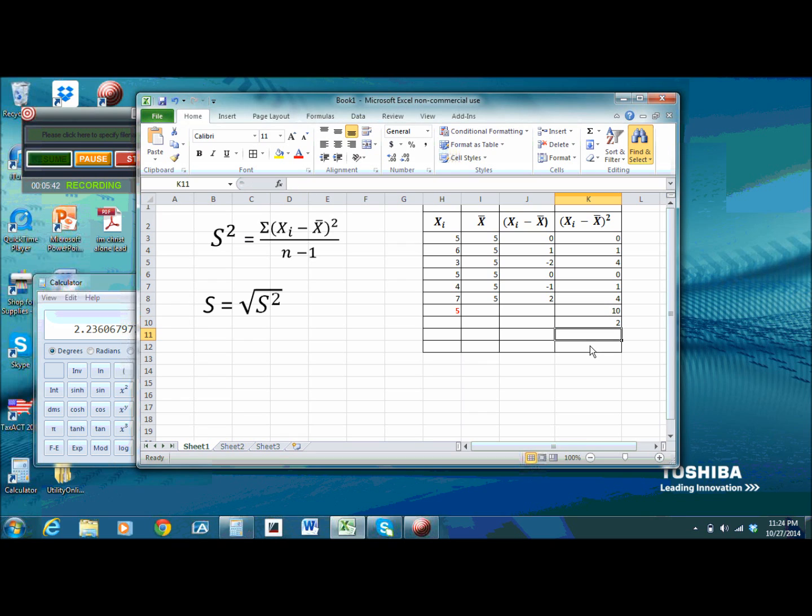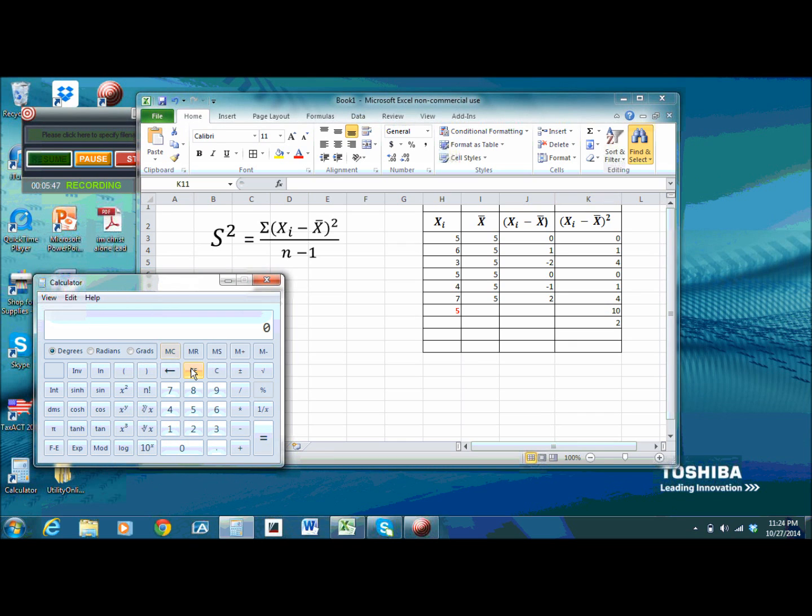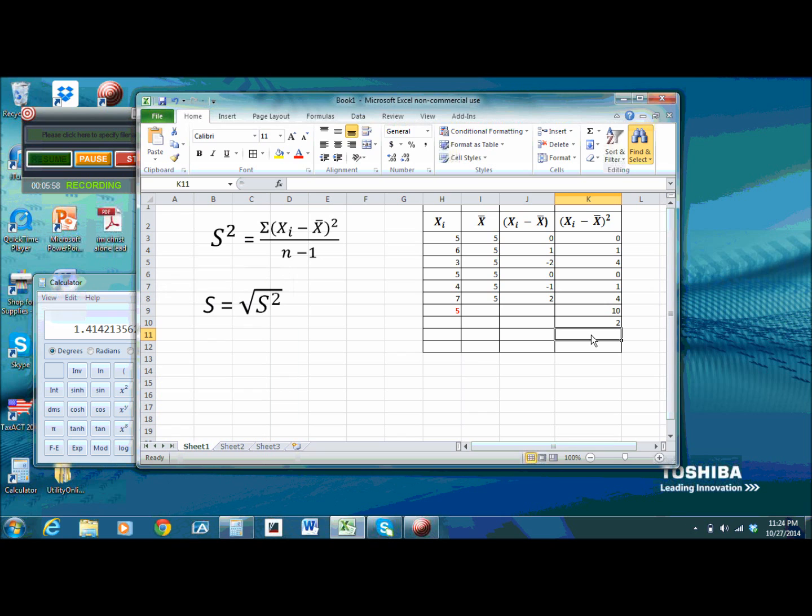And so then we're going to find the square root of 2. So let's clear this. And 2, let's take the square root. And we're going to call it 1.41. So our standard deviation in this case of this data set is 1.41, which just basically means that any one of these terms is, on average, basically 1.41, whatever it is you're dealing with.